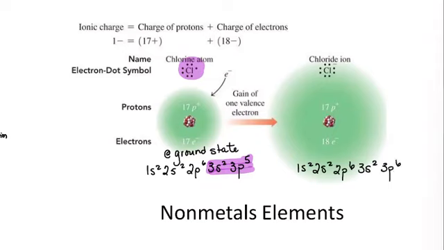That is its electron configuration. Now, what noble gas configuration did chlorine achieve? Great job, you guys. Now it looks like argon.